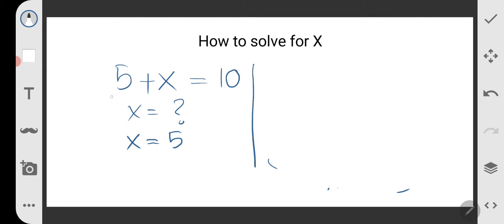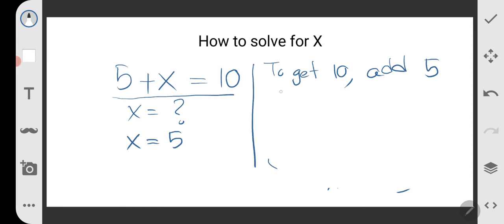If you look at here, to get 10, I can say that, okay, to get 10, add 5 to x. So to get 10, we are adding 5 to x. That means to get x, I will have to subtract 5 from 10. So this is called working backwards.